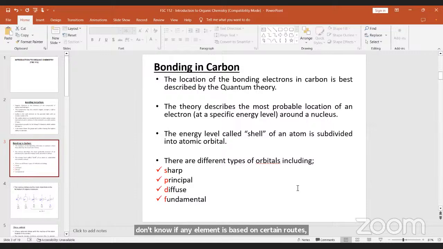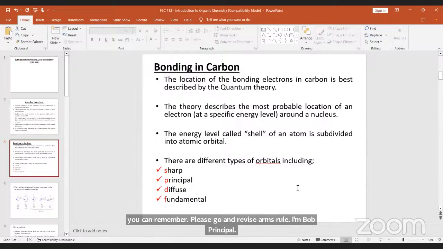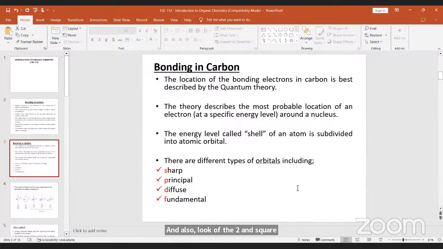But if you can't remember, please go and revise Hund's rule, the Aufbau principle. Also look up the 2n squared rule of filling electrons into orbitals of an atom. That will make you recollect what I'm trying to say.